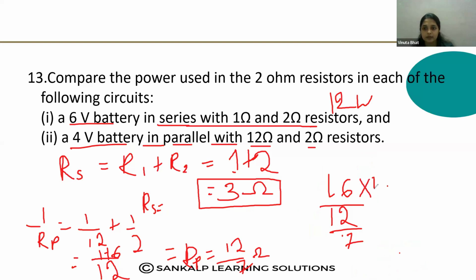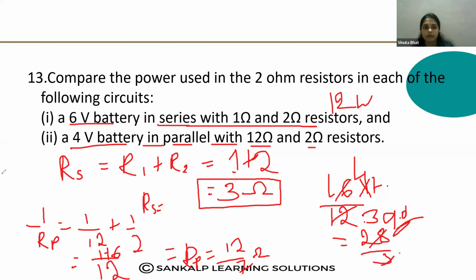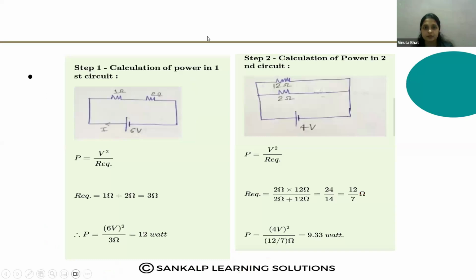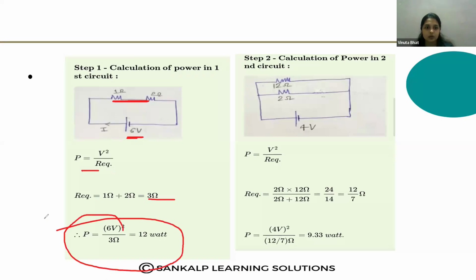So 16 into 7 divided by 12, that is about 9.33 watt. So let us calculate this. When two resistors are connected in series with the 6-volt battery, the total resistance is 3 ohm and the power is equal to 12 watt.